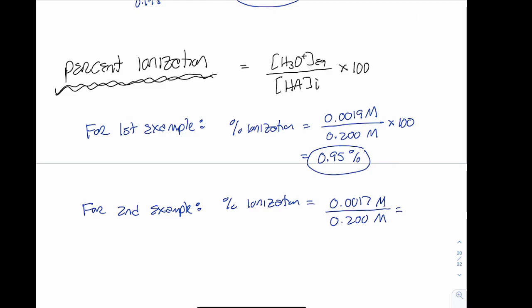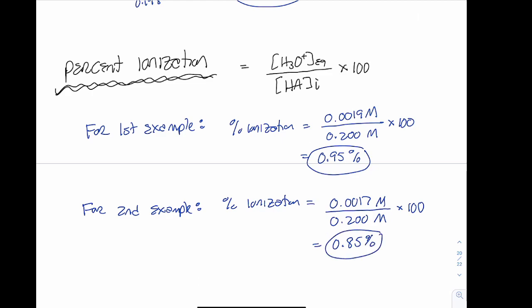And then it is a percent, so don't forget the 100. And I have 0.85%.